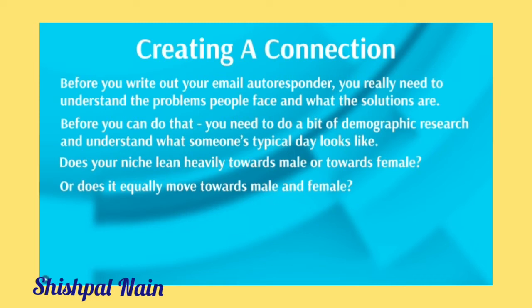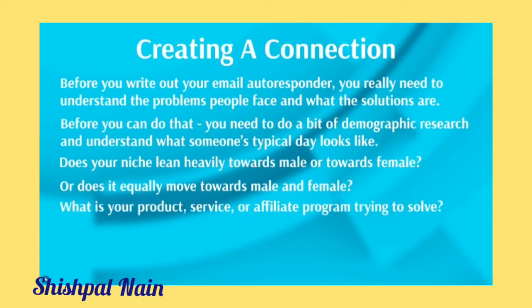But even 75%, you're kind of moving towards that 50% so that it's both male and female. But if it's heavily towards males or heavily towards females, 80% above or 90% or above, then you want to jot that down. The next question is, what is your product or service or affiliate program trying to solve?